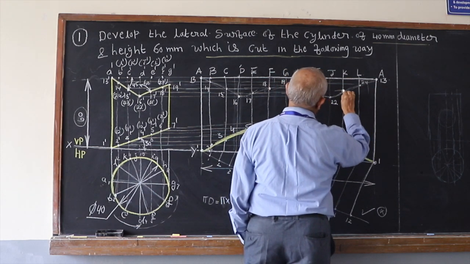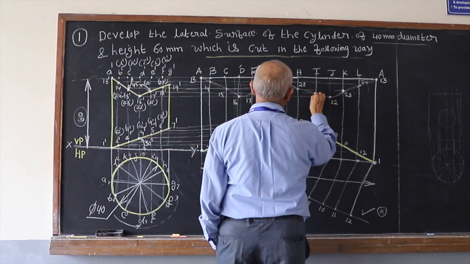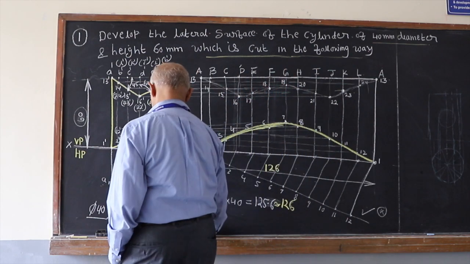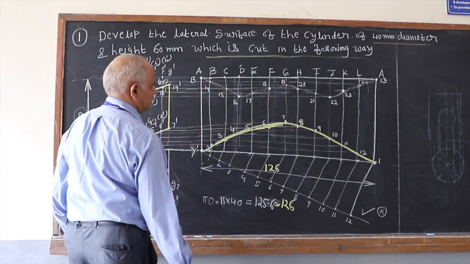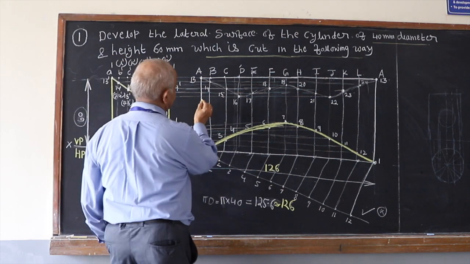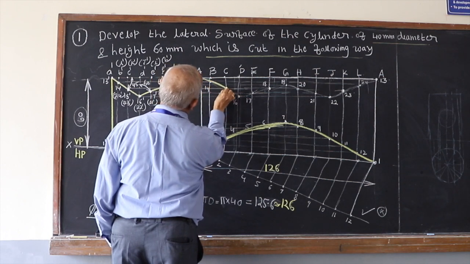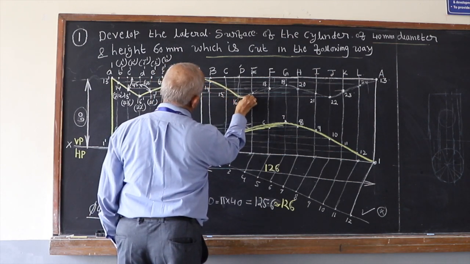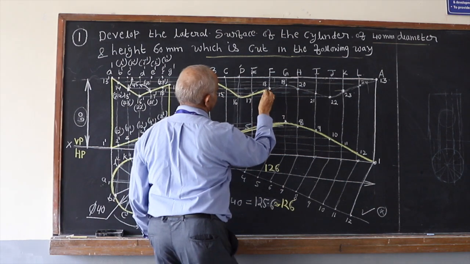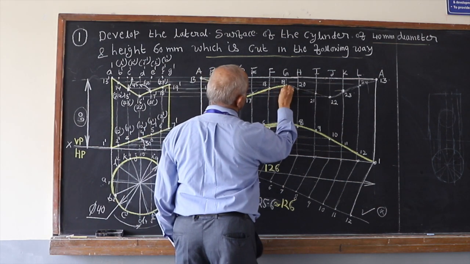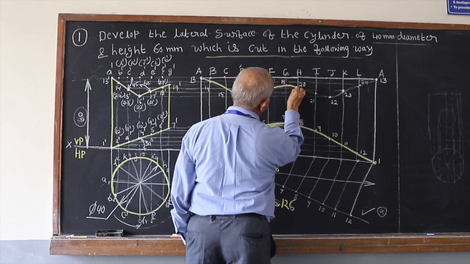So you need to locate these points carefully. And now complete the development. It starts with this, goes this way, comes down like this, passing through all the points in order.